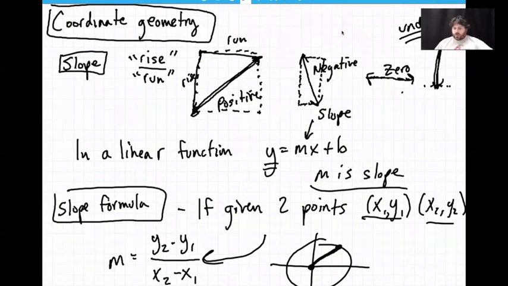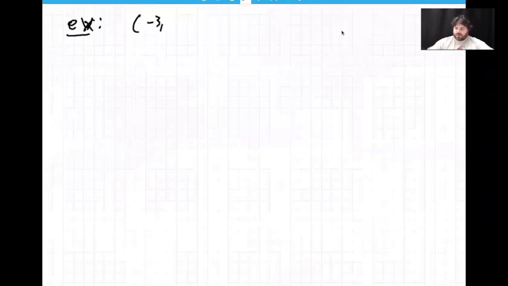All right, so let's look at an example. Let's say we're given 2 points, (-3, 0) and (-2, -6). We want to know the slope between those 2 points. So what I can do is just plug it into the formula.